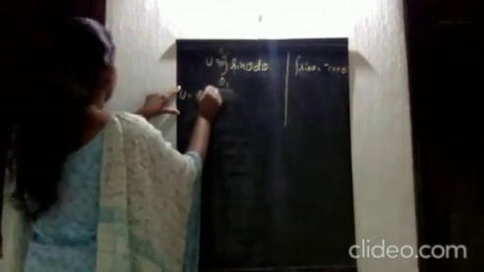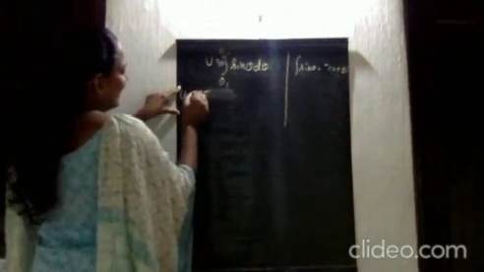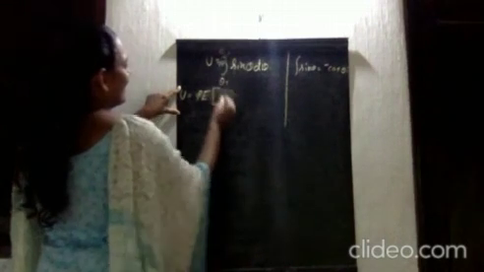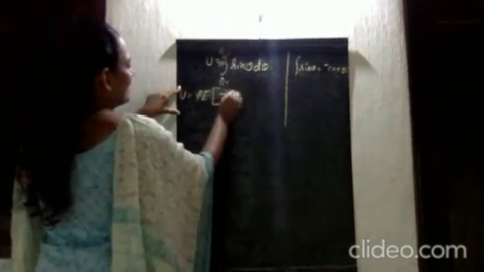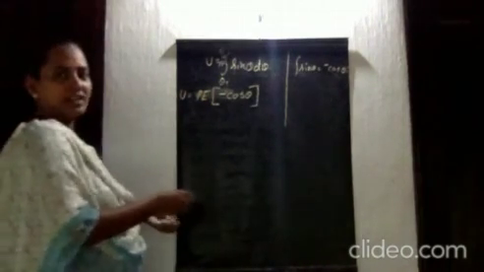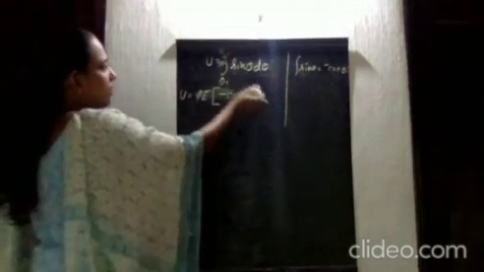It is P E times the integral of sin, and the integral of sin is minus cos.